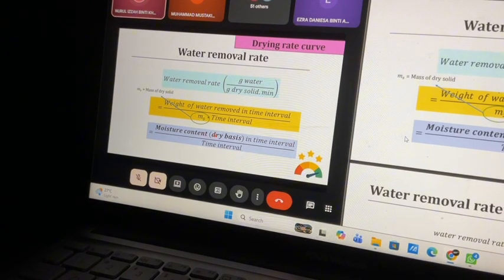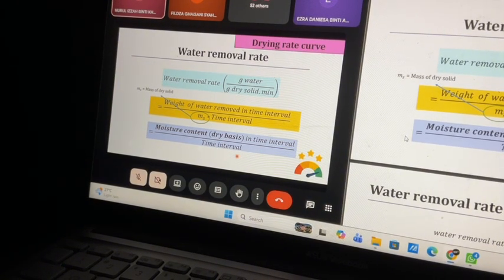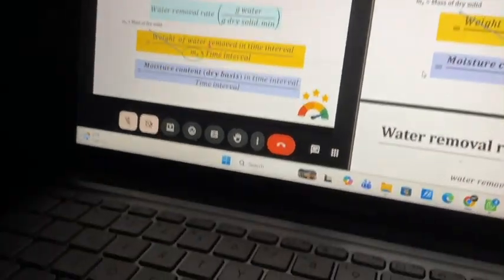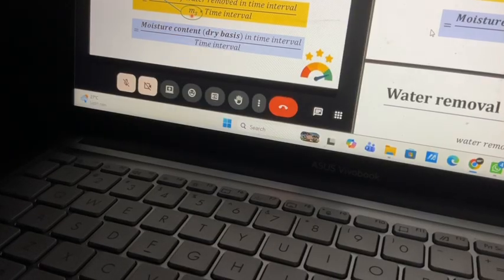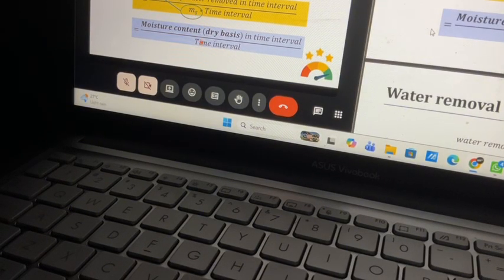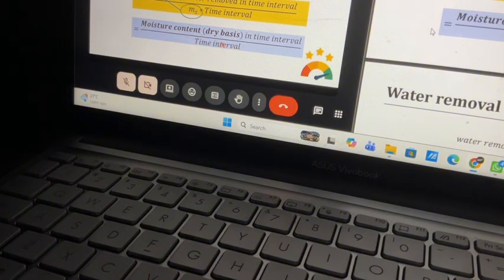Which means the moisture content dry basis divided by the time. The moisture content removed divided by the mass of solid is actually the moisture content dry basis. This is the time interval, so divided by time.